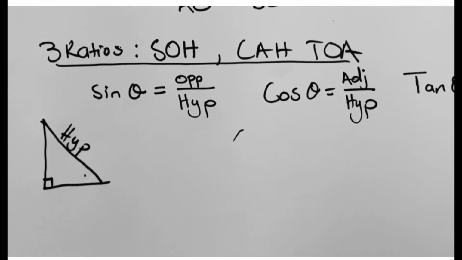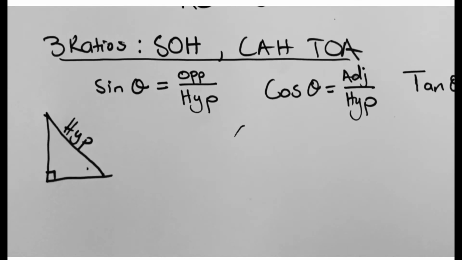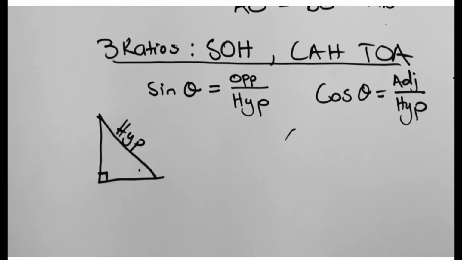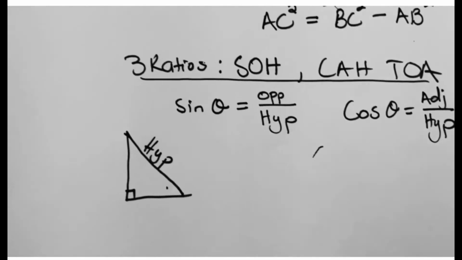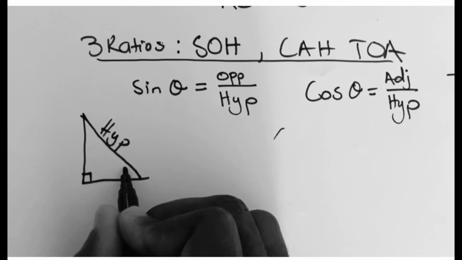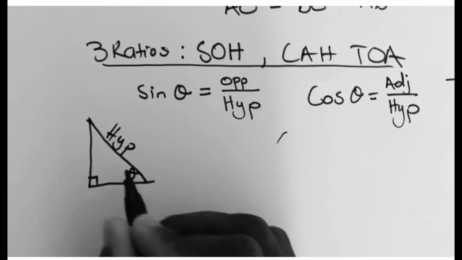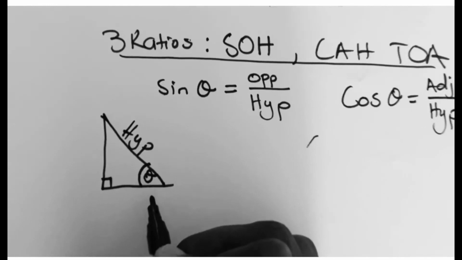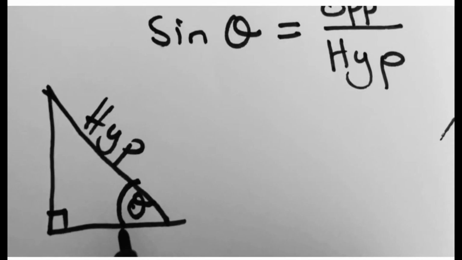The adjacent will be determined by the angle that you are using. By angle that you are using, if you are finding this angle, let's say theta is here, then this angle theta will determine which one will be your opposite and which one will be your adjacent.